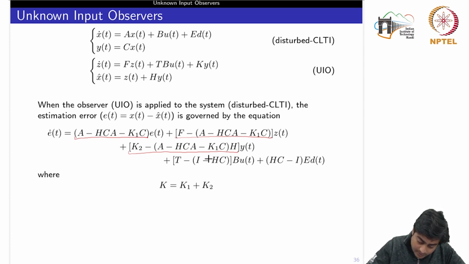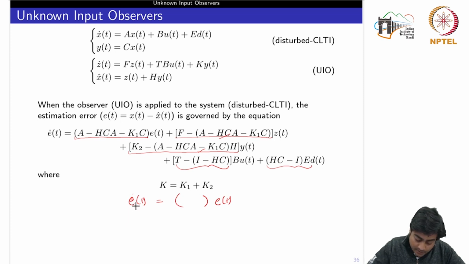Now this equation is pretty much important because what do we want? That the error dynamics should be equal to 0 under the presence of the external disturbance d. So if we make all these matrices, this one, this one, this one, and this one, equal to 0, then we would be having only E dot of t is equal to some matrix times E of t.